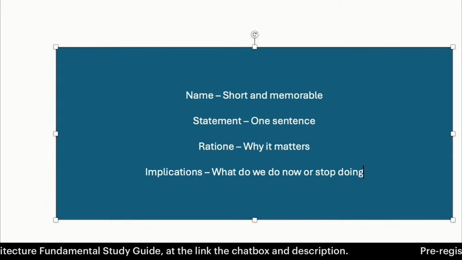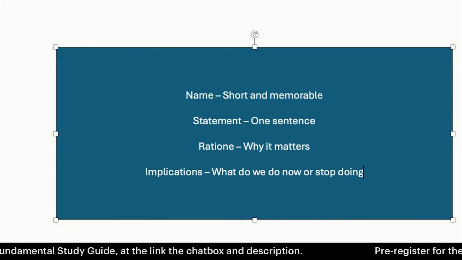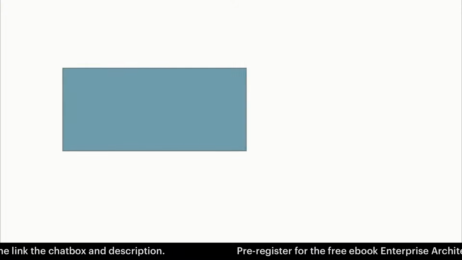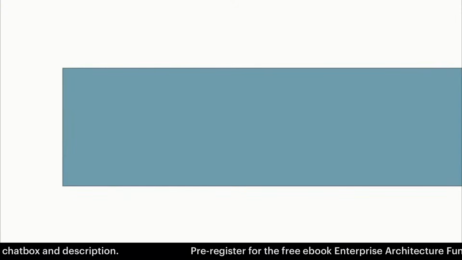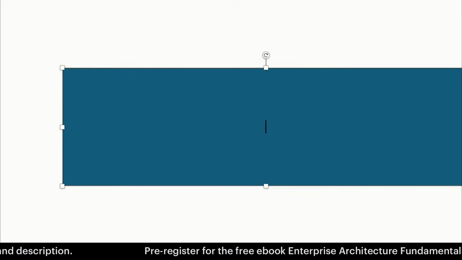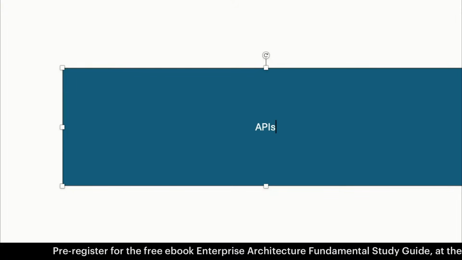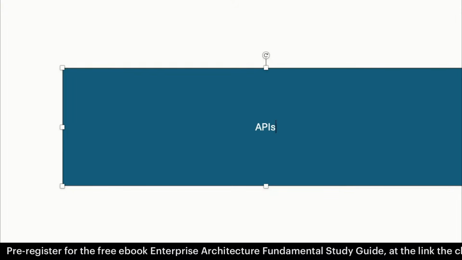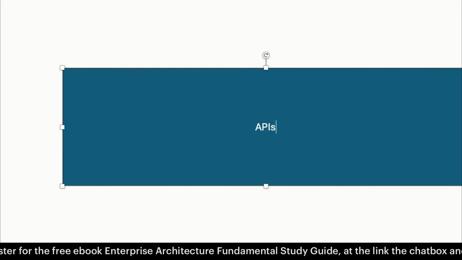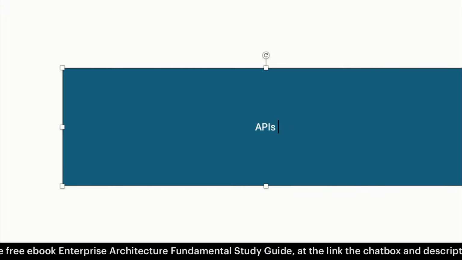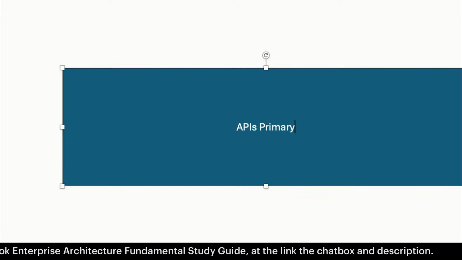So if we were to come up with a principle fairly quickly, and maybe we'll do one in real time, let's come up with another one, we'll put it in a blue text box. If we came up with a statement that says, let's say, APIs, and we call it API primary, or whatever we name it.